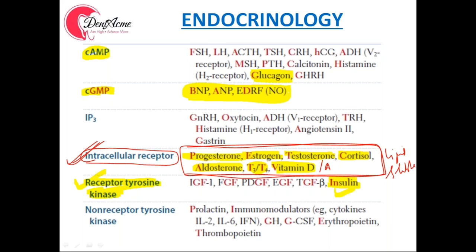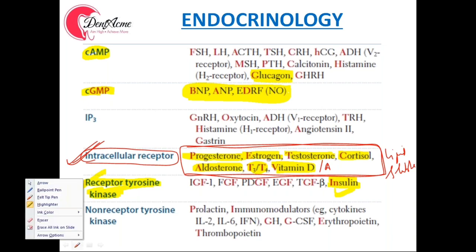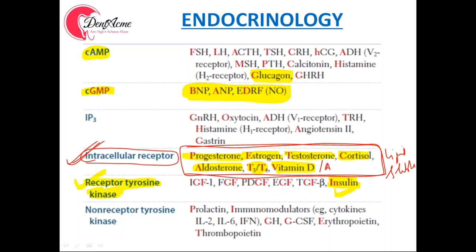I can give you mnemonics for this if someone wants to remember all of them, but I don't think that is necessary. But still, I'll give you mnemonics for remembering them. So for cyclic AMP, it's flat, champ, chugs. If you just see the red part in the list, you should be able to recall.